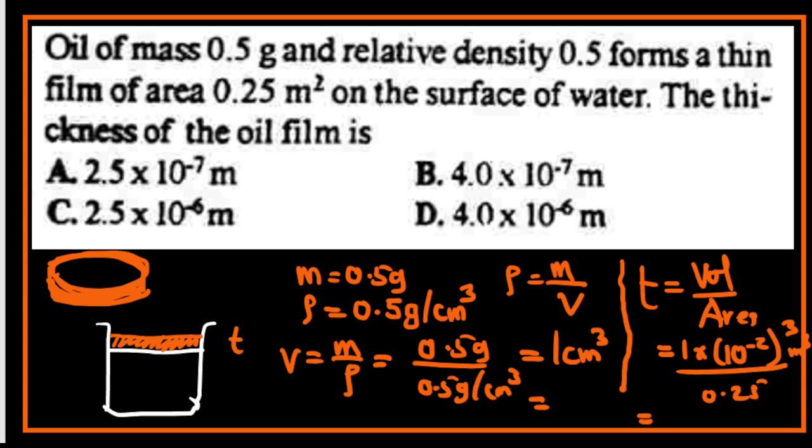You can choose to use your calculator for that. So you have 1 times 10 raised to minus 6 divided by 0.25. That gives you 4 times 10 raised to minus 6. Sorry, that will now be meter, not meter cube.